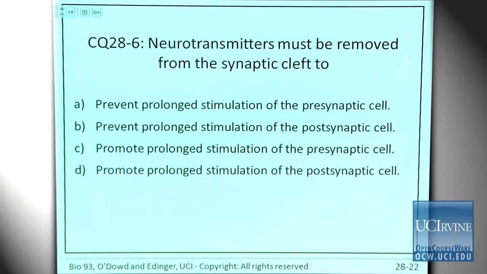Neurotransmitters must be removed from the synaptic cleft. Why? You guys did a great job on this one.